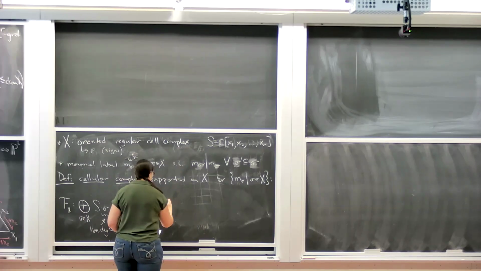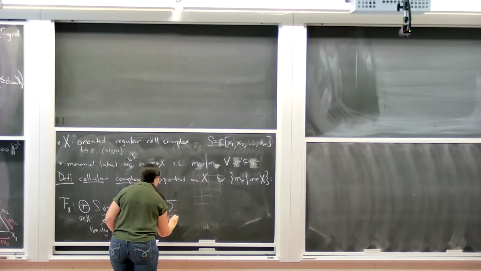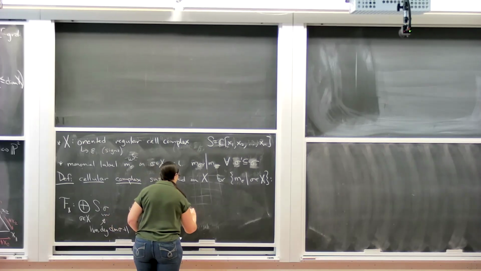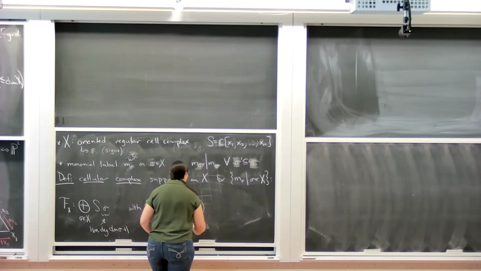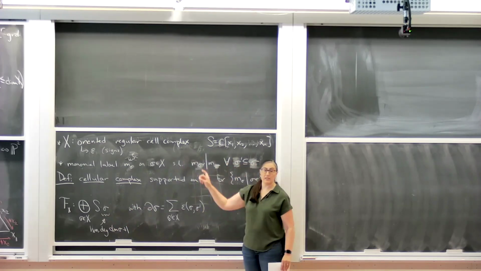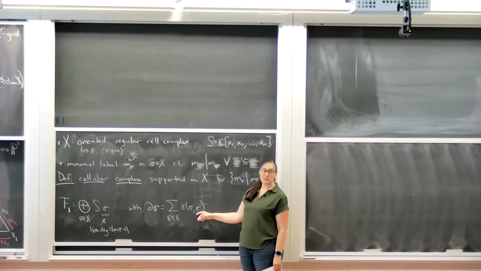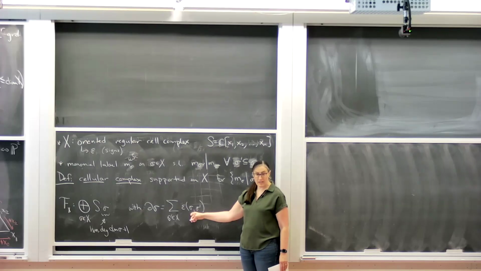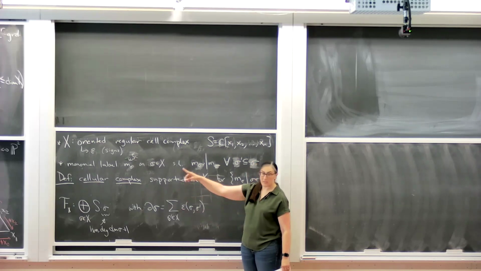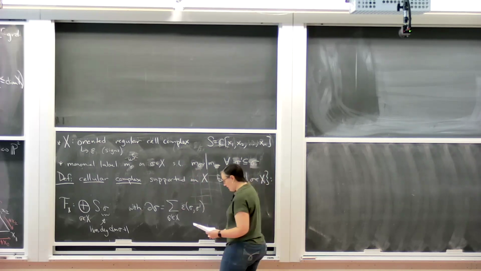First I'm going to use my sign function. This will be 0 unless sigma prime is contained in sigma. And then it will be plus or minus 1 if there is a containment, and the plus or minus 1 is according to my orientation.